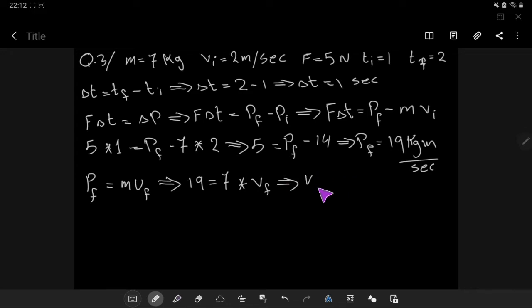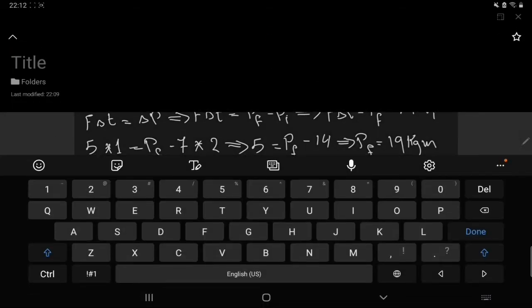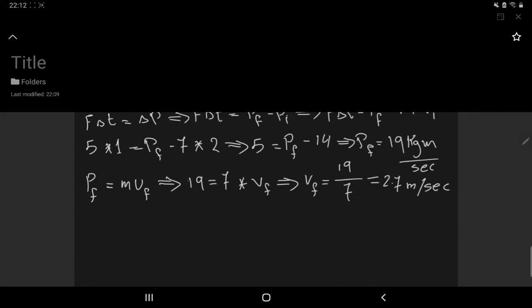So V final equal to 19 over 7, and the final result will be 19 over 7, that's equal to 2.7 meter per second. This is the final velocity for figure 1.